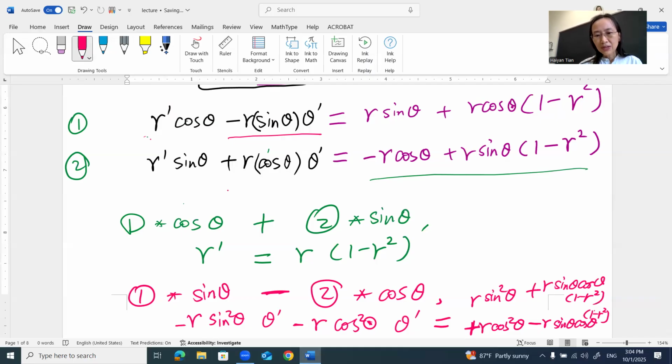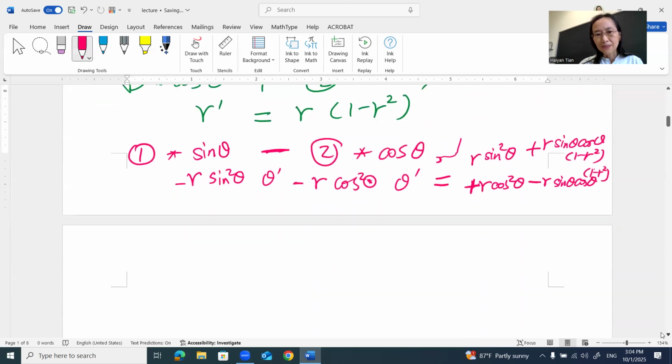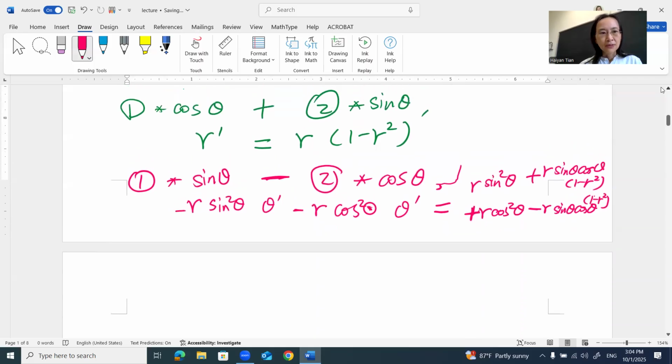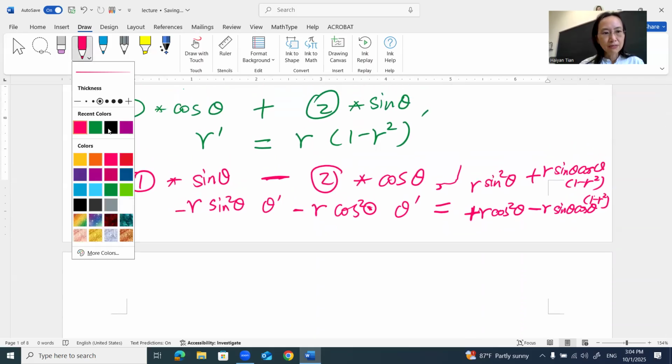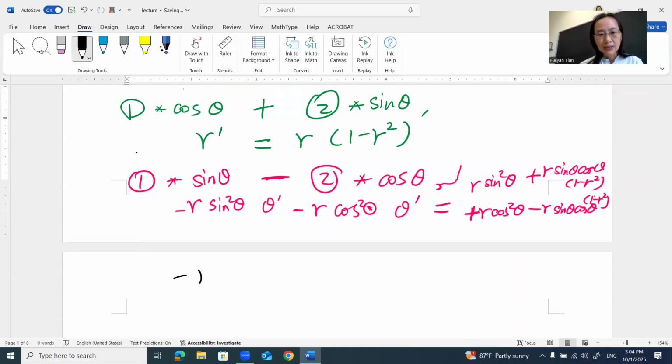So this current operation leads to this equation, but certainly we can simplify it using trigonometric identities, because once you factor out negative r theta prime, what is left is just sine square plus cosine square, which is 1.